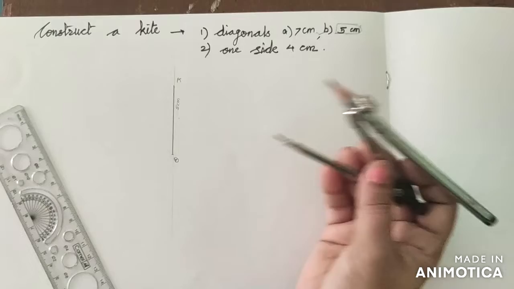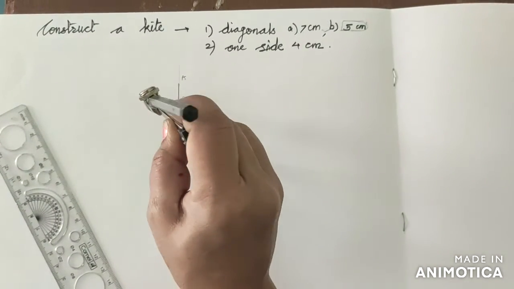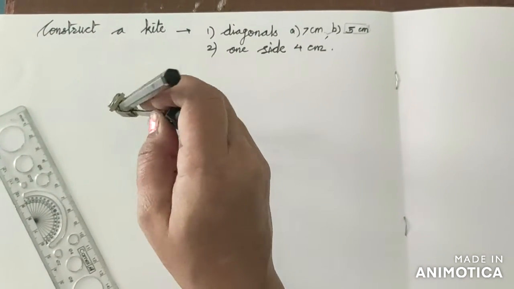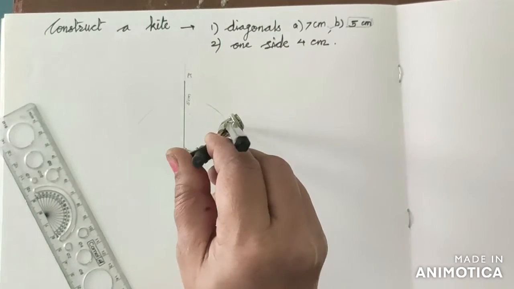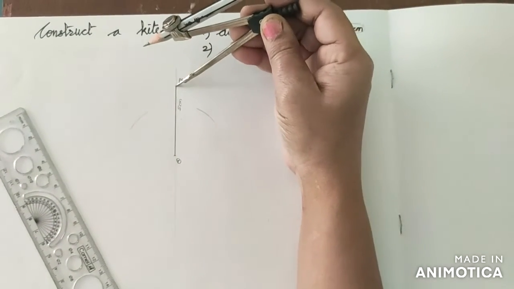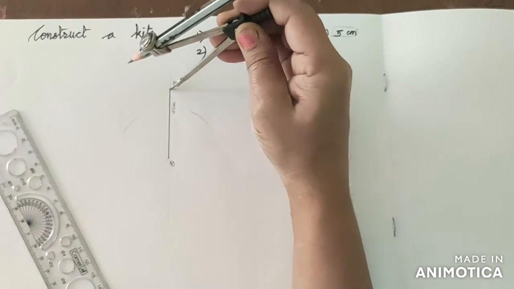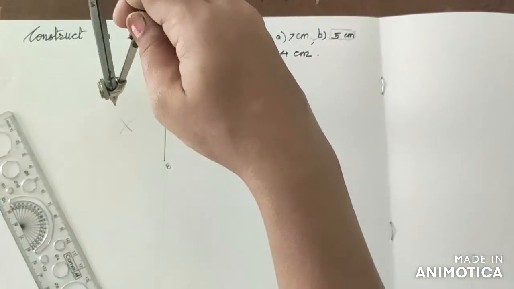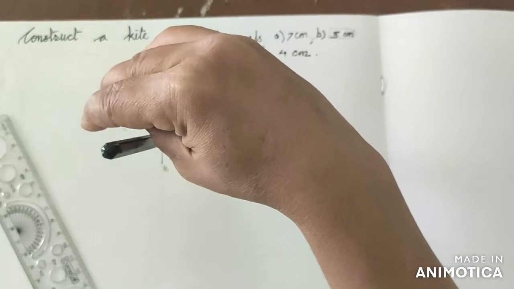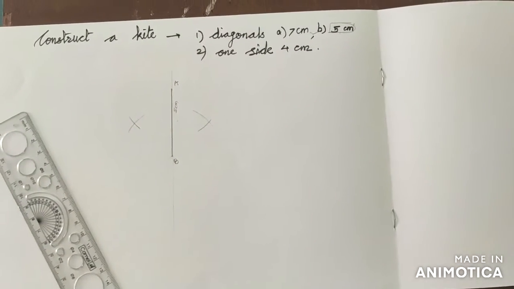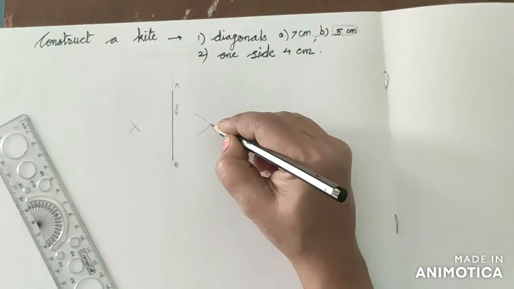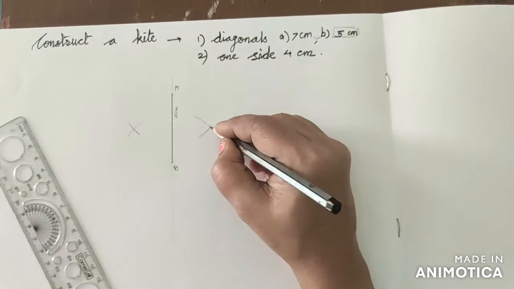So keep your pointer at point B, like this, and use point A too. This way we get 2 points.